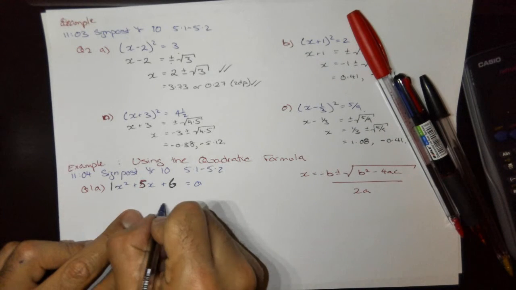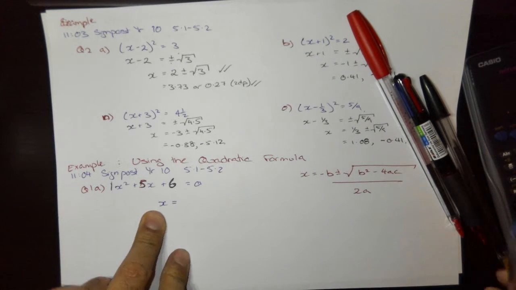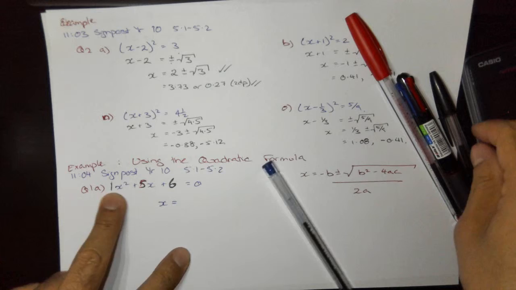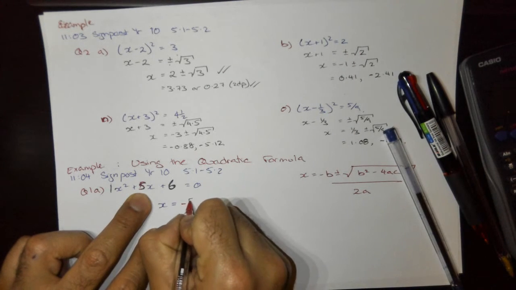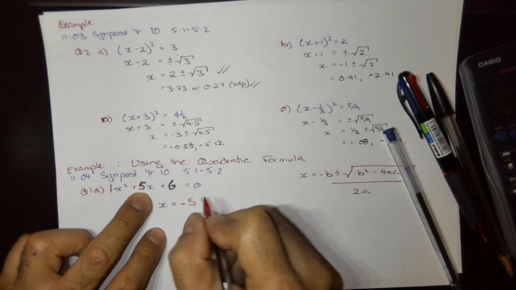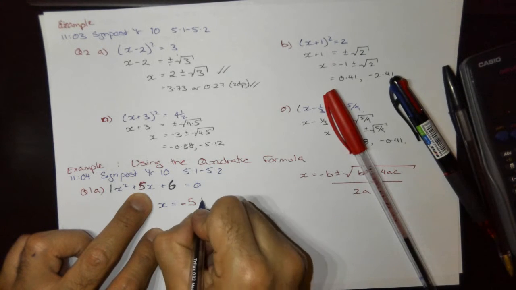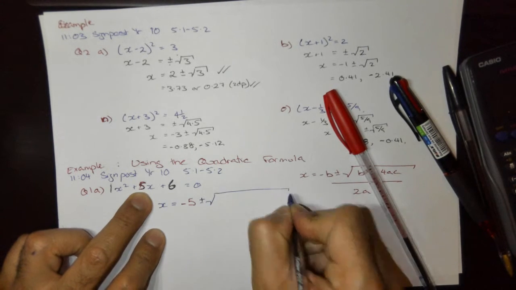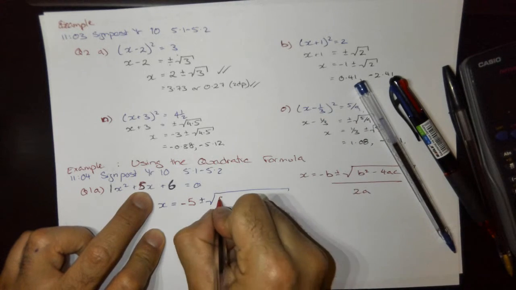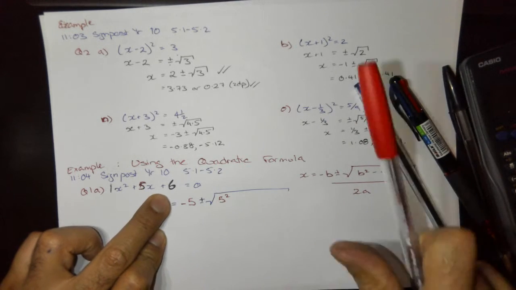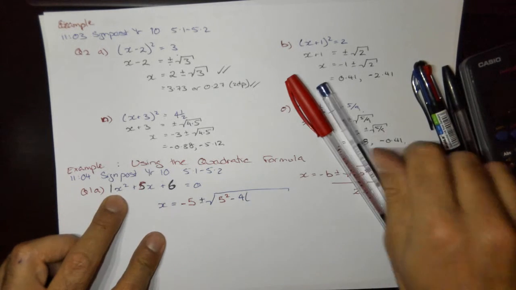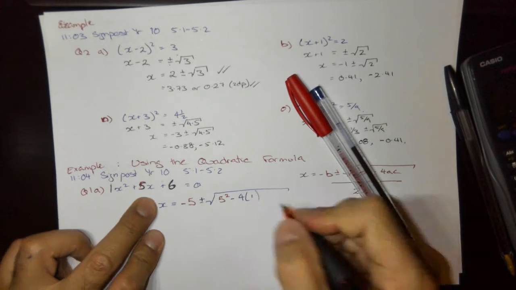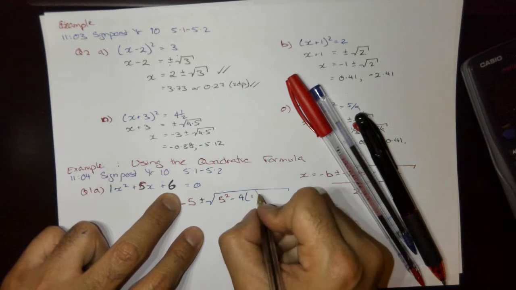Okay, so x equals, I've just got the formula here. So minus b. So our b is 5. So it's going to be minus 5 plus or minus 5 squared minus 4 lots of a is 1 and c is 6.